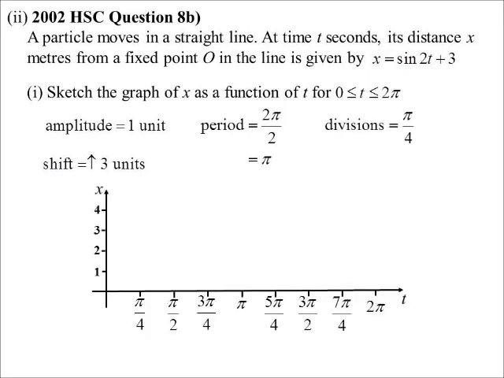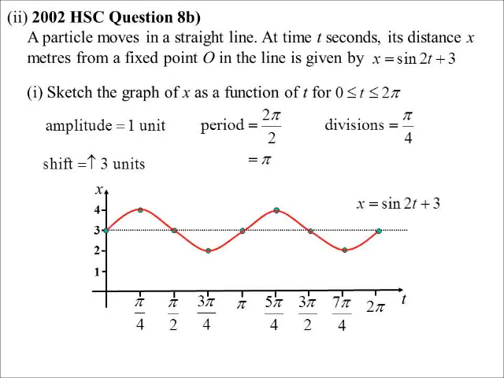So there's my axis. We're going to wind around 3 because we're shifted up 3. It's a sine curve. Sine curve normally starts at the origin, but this one is shifted up 3, and then the sine curve would go up, down, up, down, and there we go, draw it in. So there it is, x equals sine 2t plus 3.